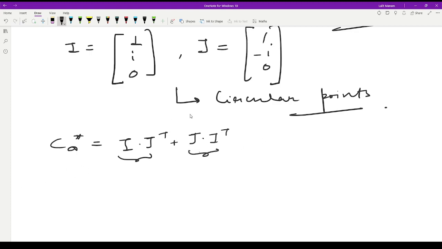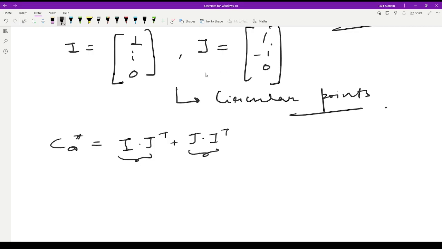Now, given that we know what I and J are, can you tell why it is infinity? These points lie at infinity, right? I and J are the points at infinity, or ideal points. The third element is 0, right? Yes, sir.